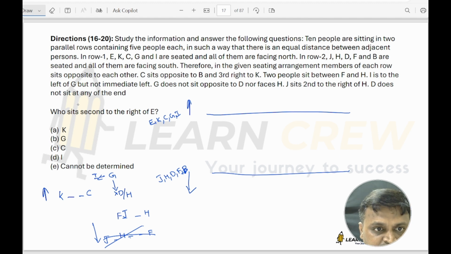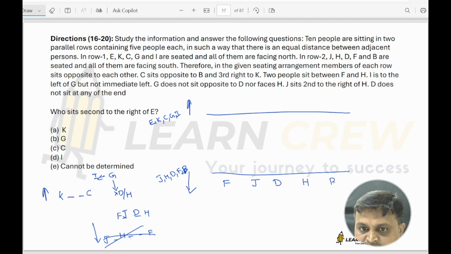D does not sit at any of the ends. D is not at the ends, which means D must be here. Now F, J, D, H are here.